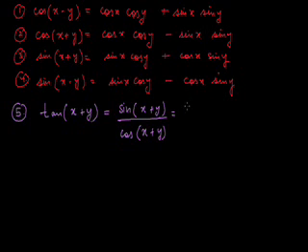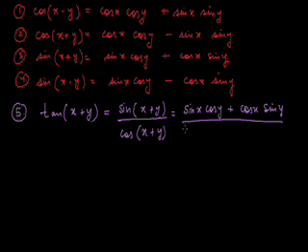So sine of x plus y will be sine x cos y plus cos x sine y, whole divided by cos x cos y minus sine x sine y. Now to convert everything into tan, we will divide the numerator and denominator by cos x cos y.